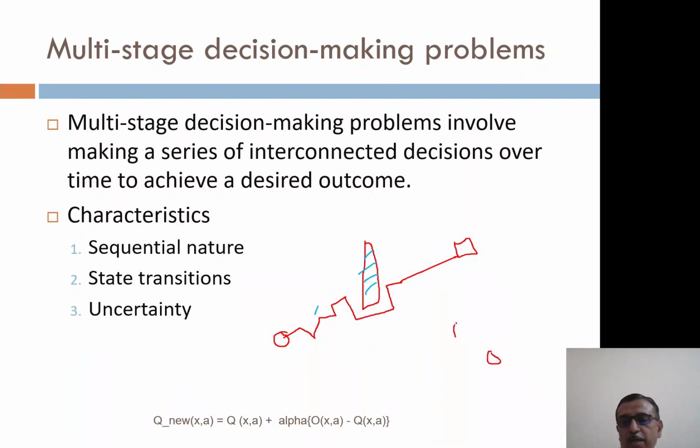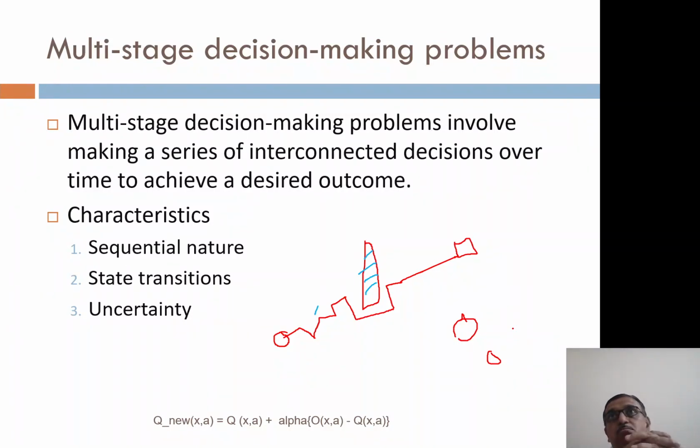Let me draw a better figure. This is a robot, the orientation here is forward, and when I say move forward, the robot will go in this direction. But if the orientation is in this direction, when I say move forward, it will go in this direction. So it should know the orientation of the robot. The robot may have lidar sensors or proximity sensors, so you'll get the values of those. So when you take a decision, you will reach a new state.